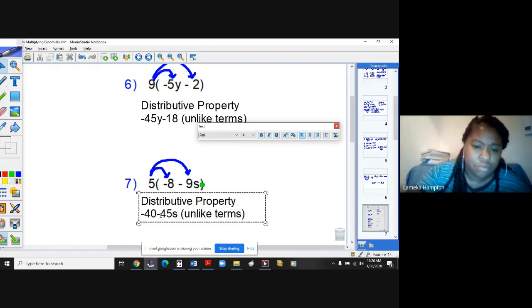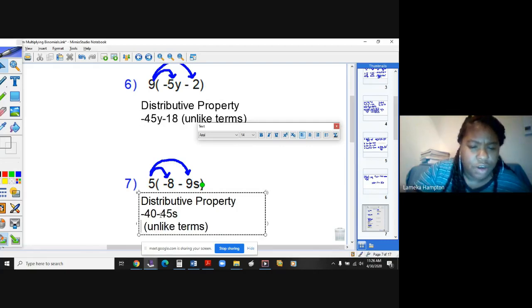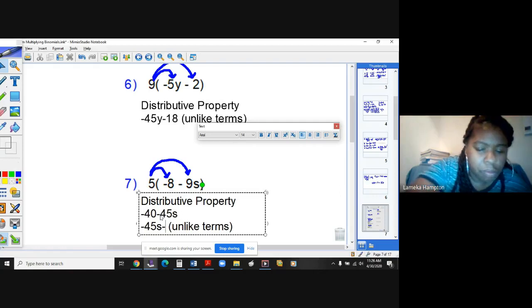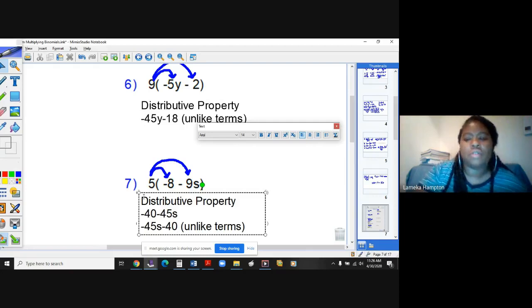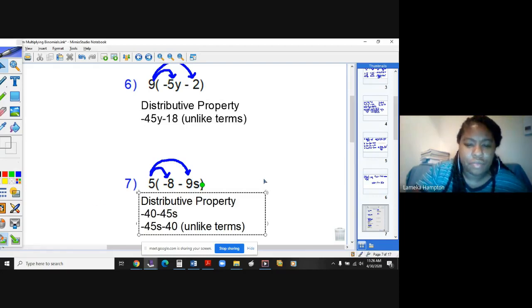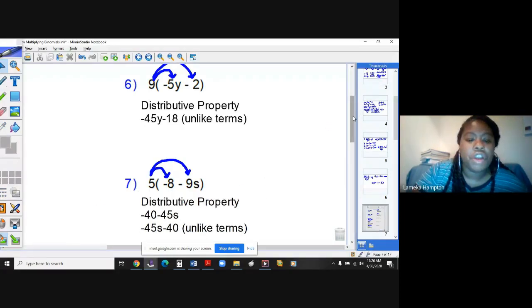But if you wrote it out this way, that's okay. But either way, I have negative 45x minus 40. Not 30. 40. All right. So again, we are using distributive property.